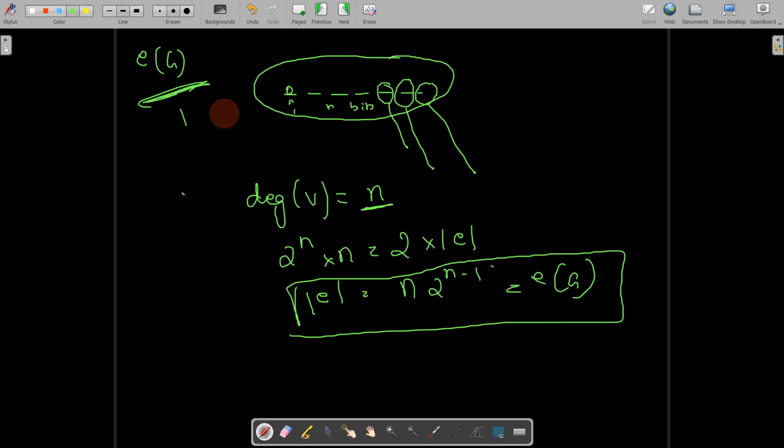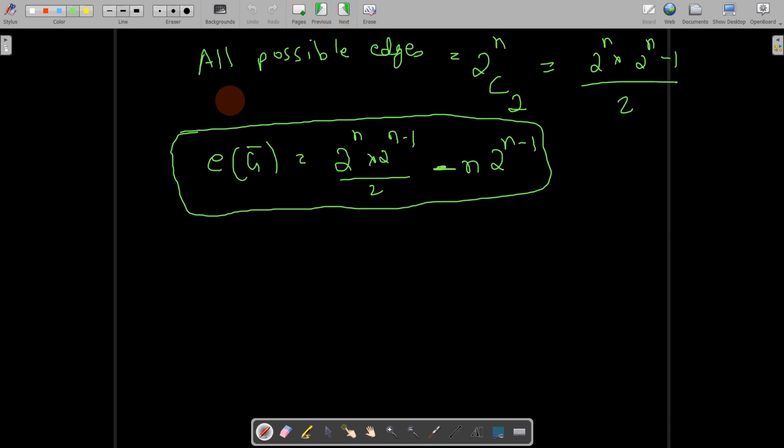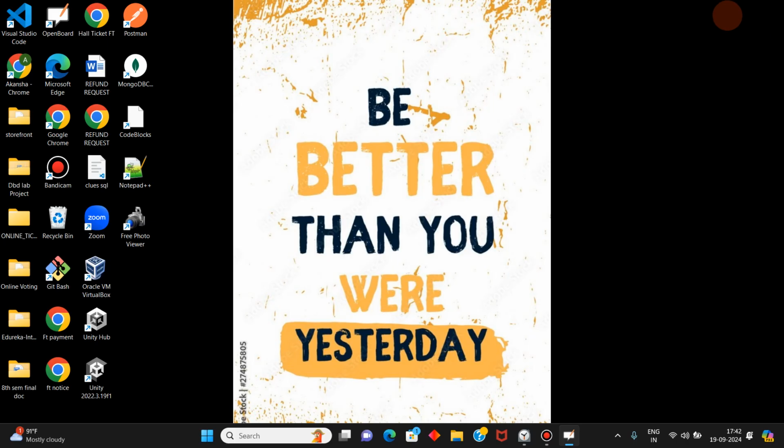So whenever in a graph theoretic question you have to find the number of edges, always think in terms of the sum of the degrees. And the concept of a graph's complement: whatever edges are not there in the original graph, you create those edges in another graph on the same set of vertices, and that becomes your graph's complement. So these were the two important concepts used to solve this problem.